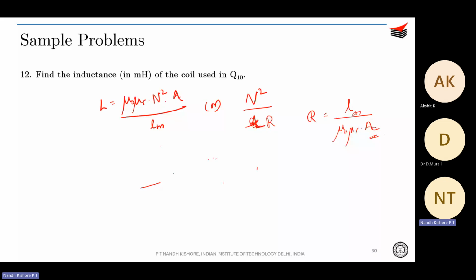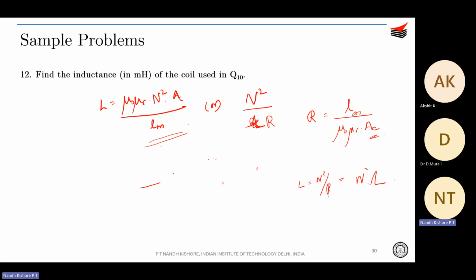The next question is find the inductance. Inductance is again N square by reluctance, or N square into permeance. Reluctance is a physical or geometrical parameter, and you can of course compute it from the given parameters using the reluctance formula that we wrote previously.